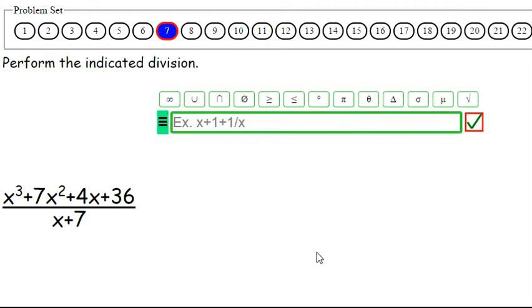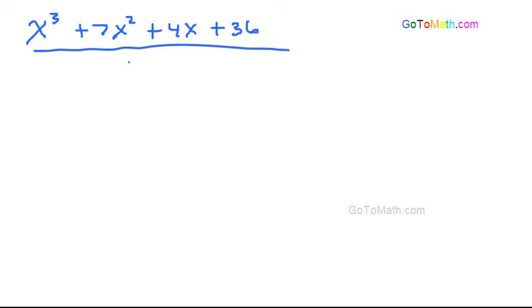And this doesn't look too bad. x cubed plus 7x squared plus 4x plus 36, all over x plus 7.